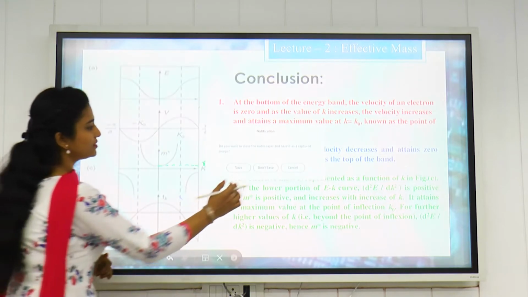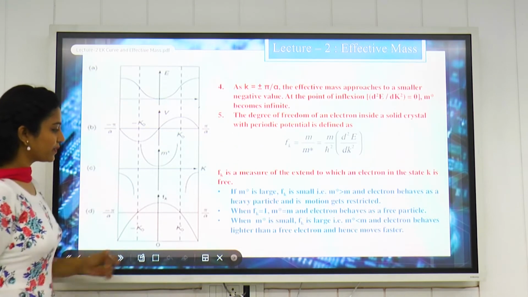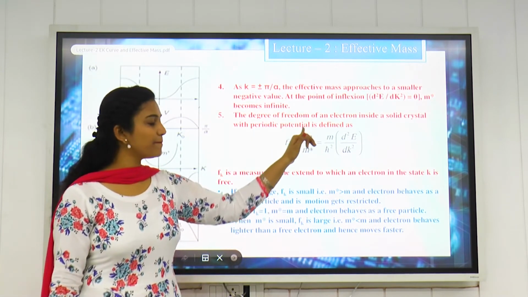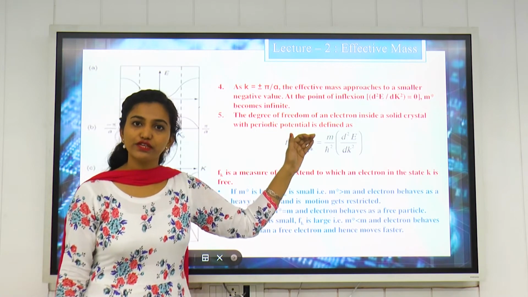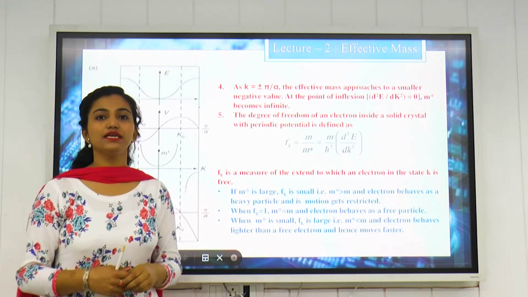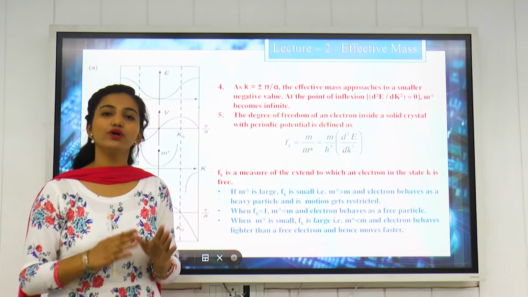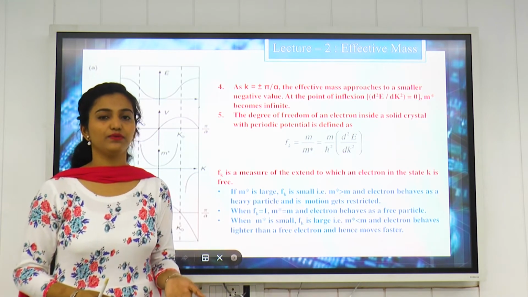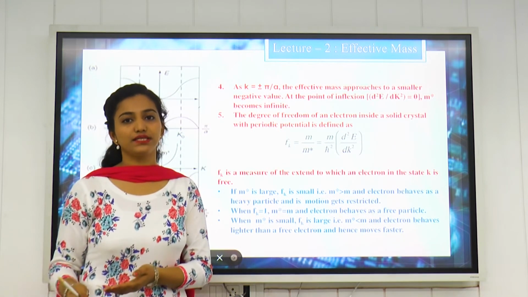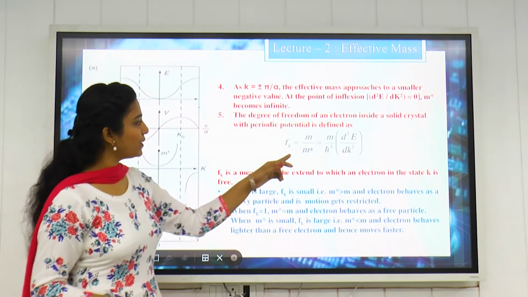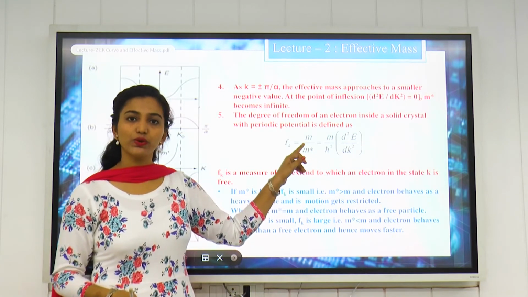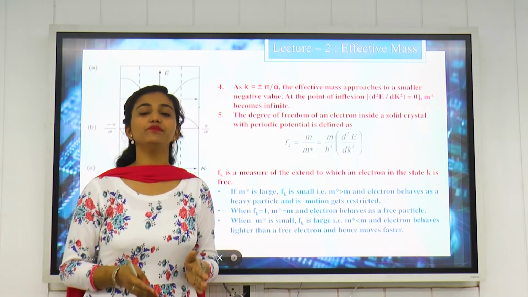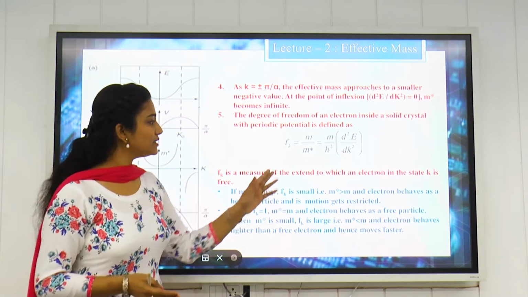In the next graph, we have the degree of freedom, that is f of k. So what is f of k? It is m by m star, the rest mass of the electron divided by the effective mass of the electron, or we can say the charge carrier, because in the semiconductors further we are going to have the hole as a charge carrier. So when m star is equal to m, obviously this will be the value of 1. So the degree of freedom of the electron is 1.